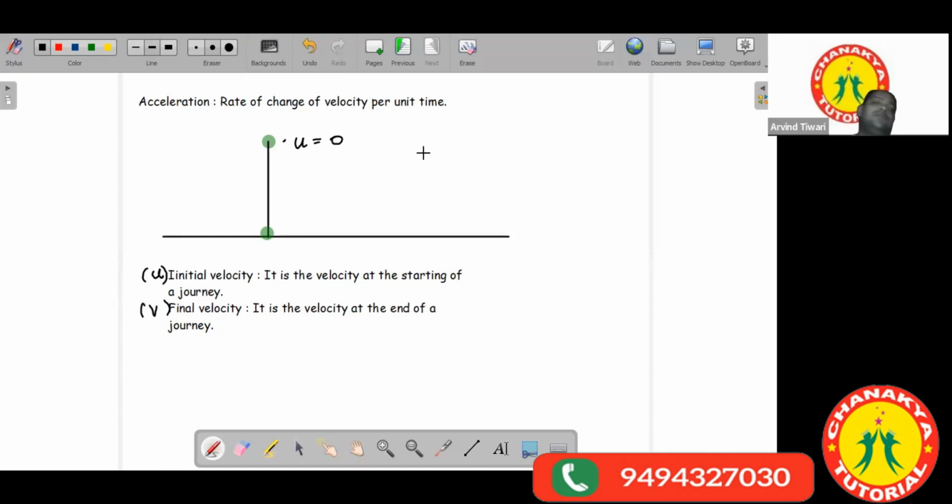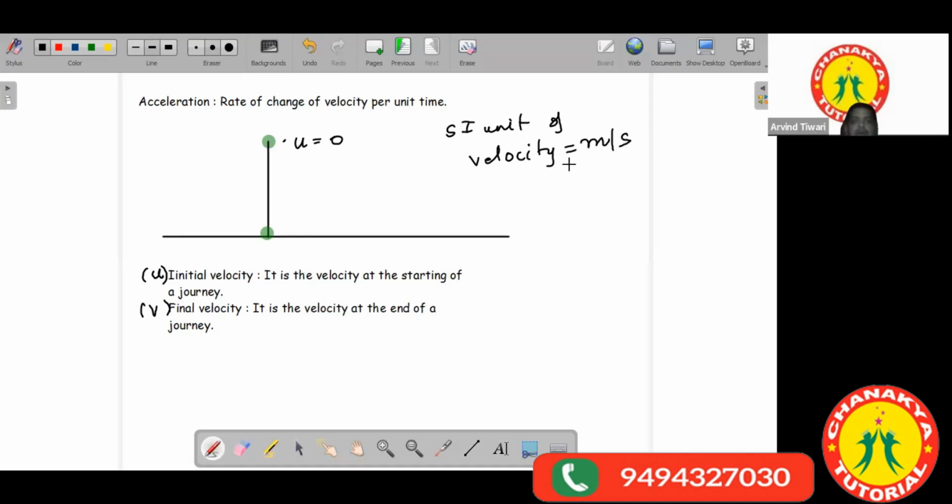Also do remember that the SI unit of velocity is meter per second.